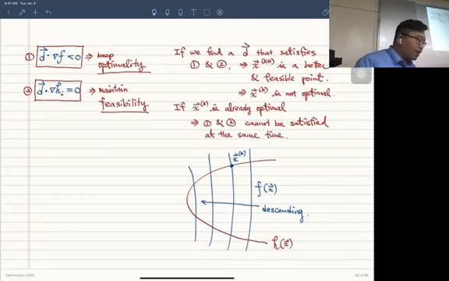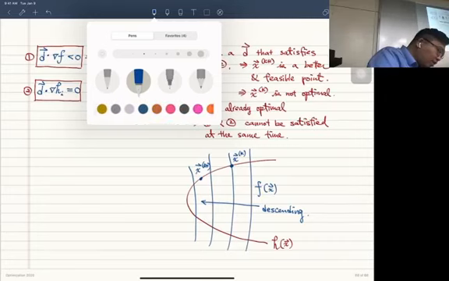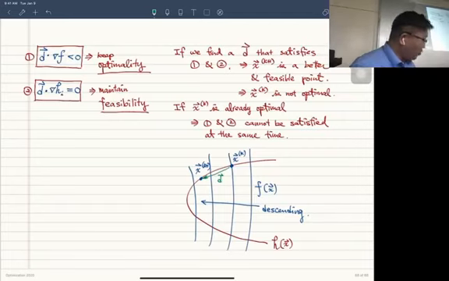If I can move to a different point here, xk plus 1, then what would be my vector d? Basically, my vector d is right here. This is my vector d. Actually, in this case, it's the first statement.